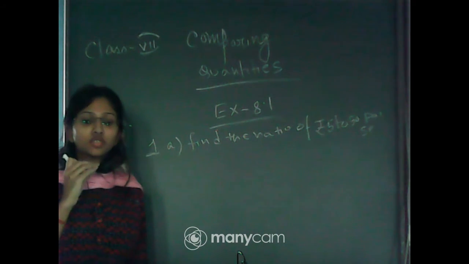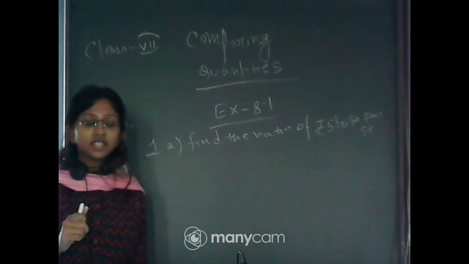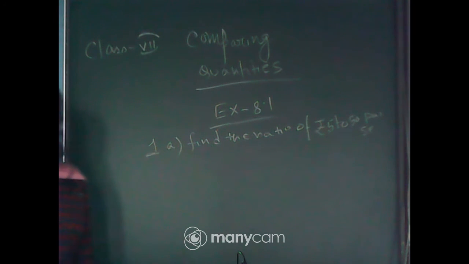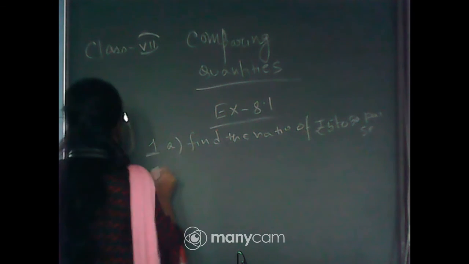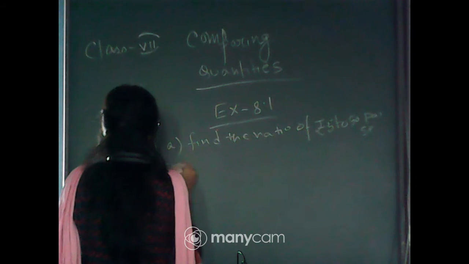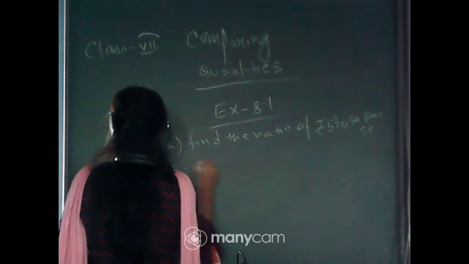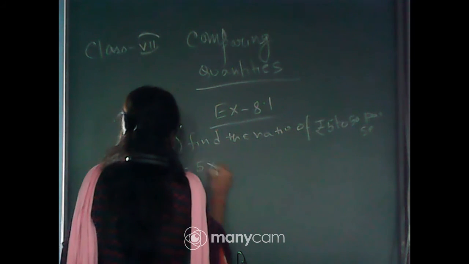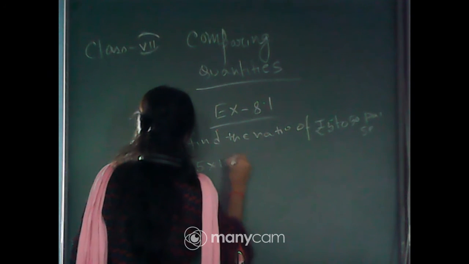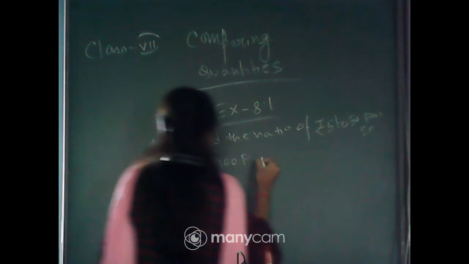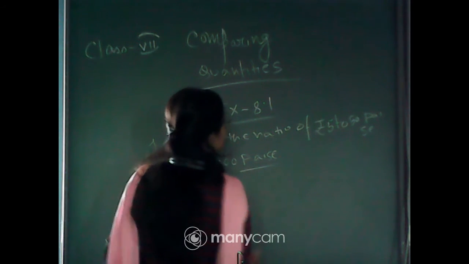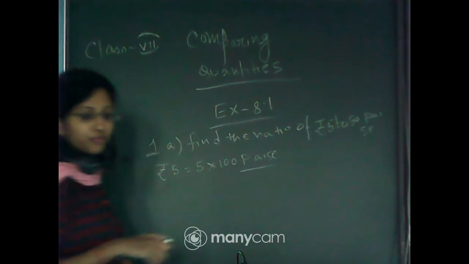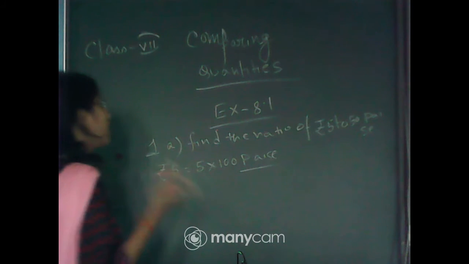Remember that to compare two quantities, the units must be the same. First, we convert rupees 5 is equal to 5 into 100 paise. Therefore, their units are same. Now their units are same.